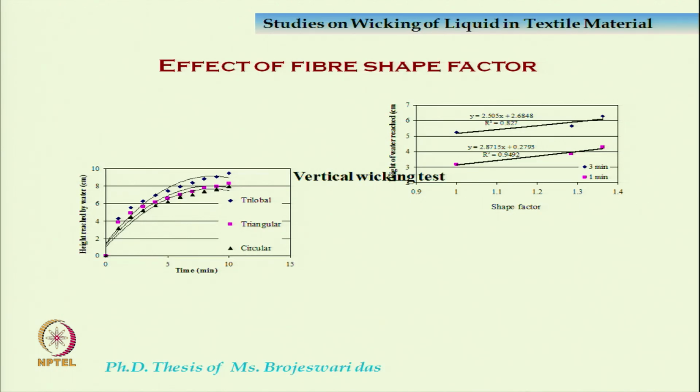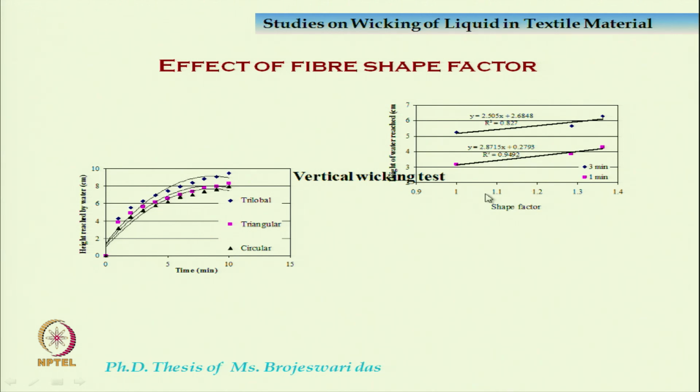Similarly, if we see the effect of fiber cross sectional shape, with the increase in shape factor from circular to trilobal, the wickability increases. This is the trilobal. Circular is showing the lowest wicking height. This picture shows the effect of shape factor. It is similar, but here the effect of shape factor is shown.